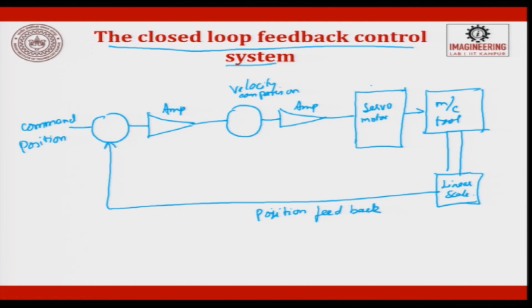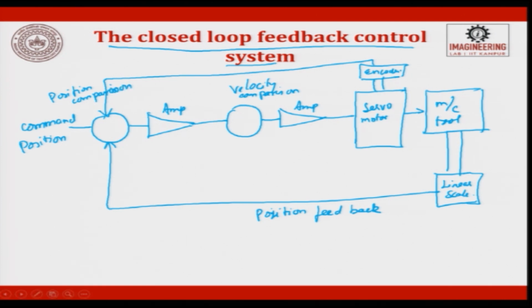The servo motor will have an encoder, and this in turn will be attached to this. So, here we do a position comparison. This is for position feedback, and in addition we also have a tacho generator.